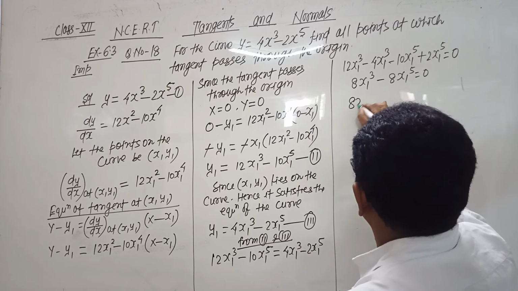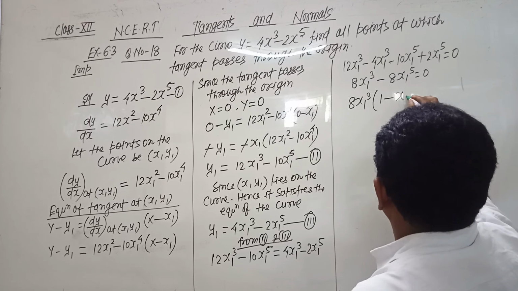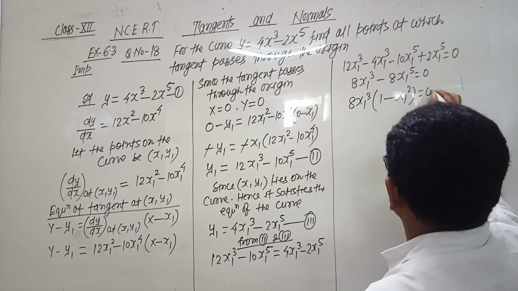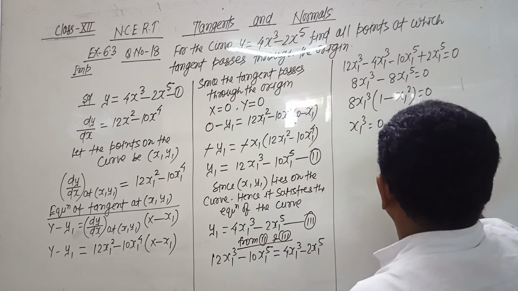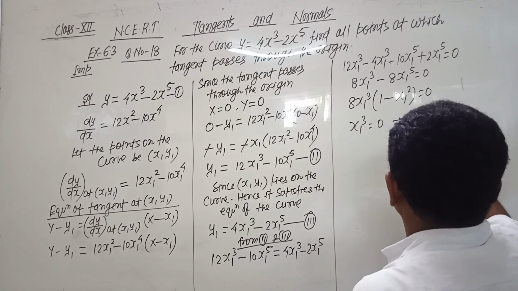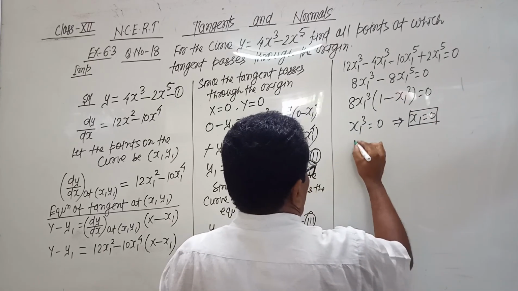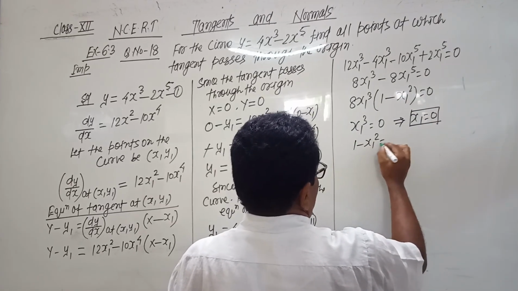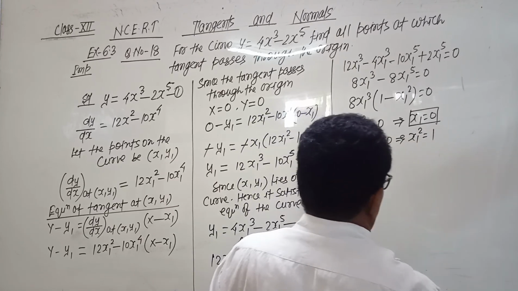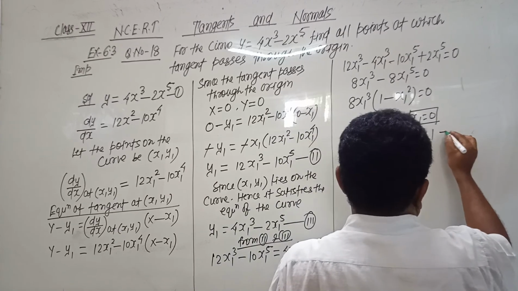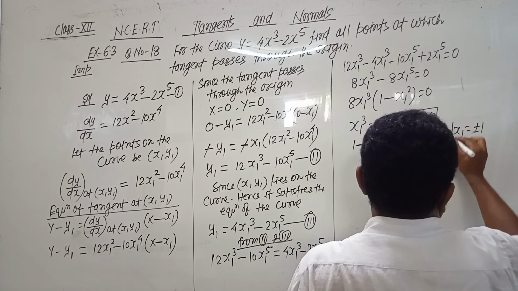From both the terms, 8x1 cube is taken common. So we get 8x1 cube times (1 minus x1 square) equals 0. It means x1 cube equals 0, and this implies x1 equals 0. From the equation 1 minus x1 square equals 0, this implies x1 square equals 1 and x1 equals plus or minus 1.